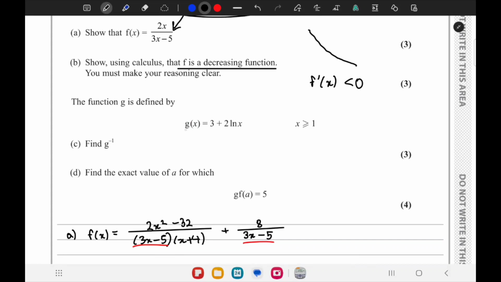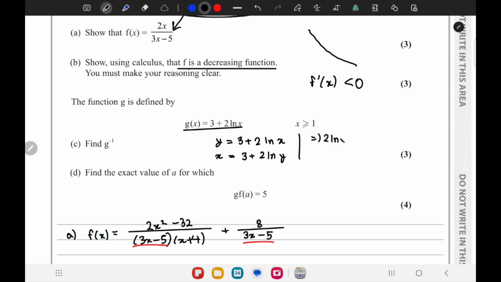Now we have another function g of x. We are given its equation now, and we have to find the inverse. So y equals 3 plus 2 ln x. To find the inverse, we flip x and y, and then we take y as the subject again.